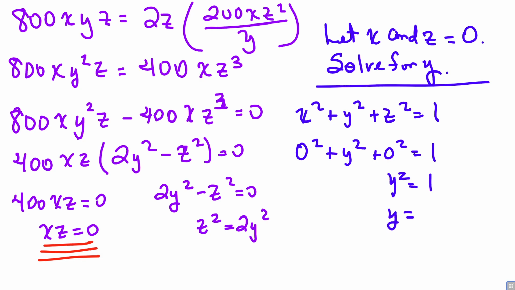So what's y going to be? Plus or minus 1. So we get the point 0, comma, plus or minus 1, comma, 0. Keep in mind that it is two separate points.